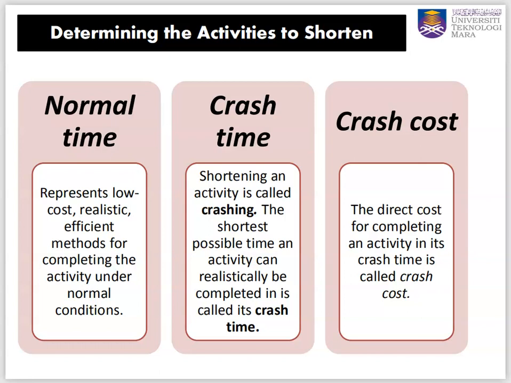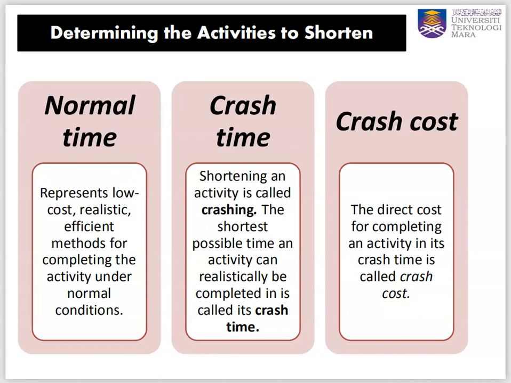So we look into the normal time, crash time, and crash cost in order to determine the activities to shorten. These are the jargons or parameters that we use in shortening activities. The normal time is the low cost, realistic, efficient methods for completing the activity under normal condition. What is crash time?